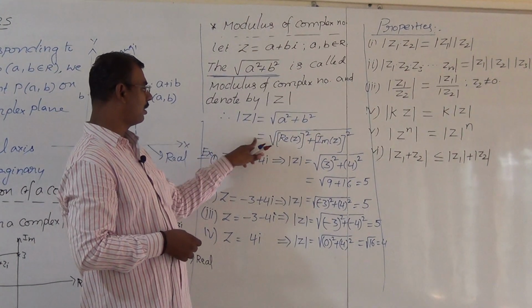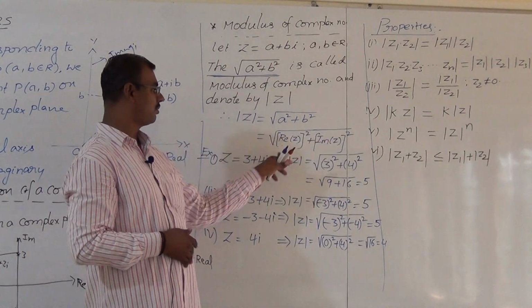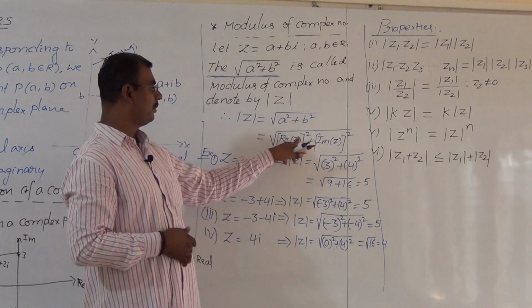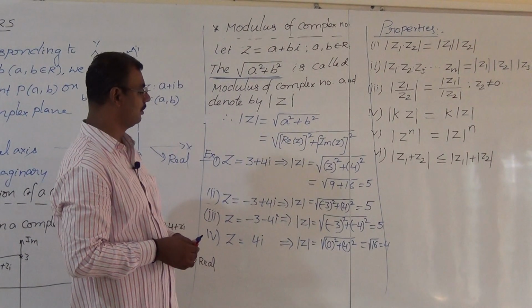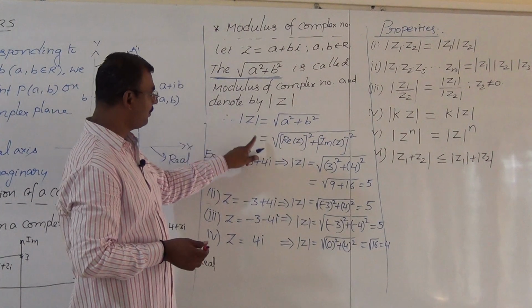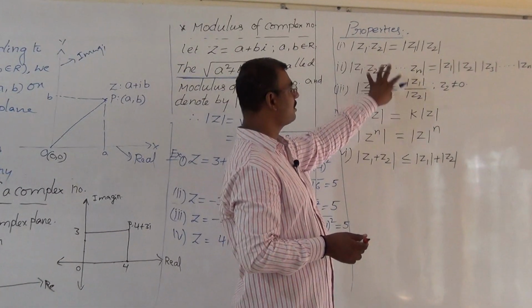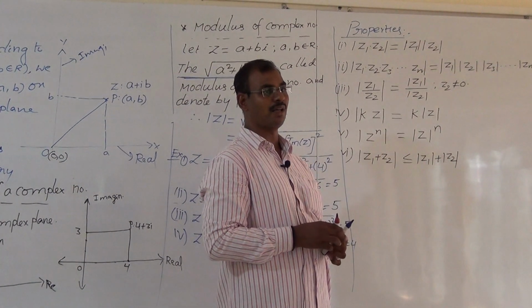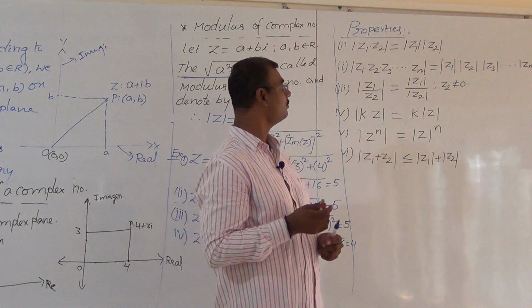Therefore, mod of z is equal to square root of real part of z whole square plus imaginary part of z whole square. Along with the definition, if you remember the properties, you can easily solve questions from an entrance point of view as well as in theory.